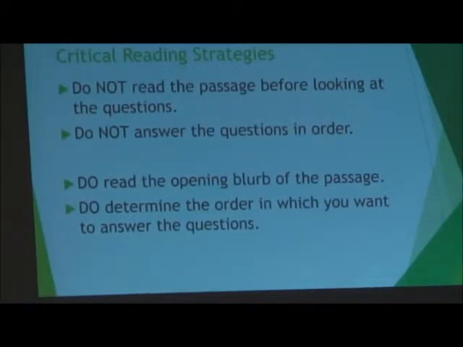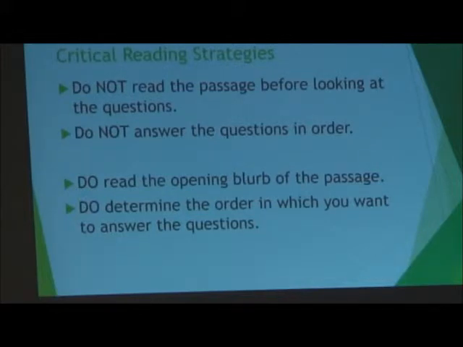So if you look through the questions, the ones that you didn't circle that don't have line numbers seem to be very general, right? So both authors agree on which of the following points. That requires you to read the entire passage before you can answer, right? So don't answer that one first, leave it last. If we look at 16, it just gives us this word most nearly means.